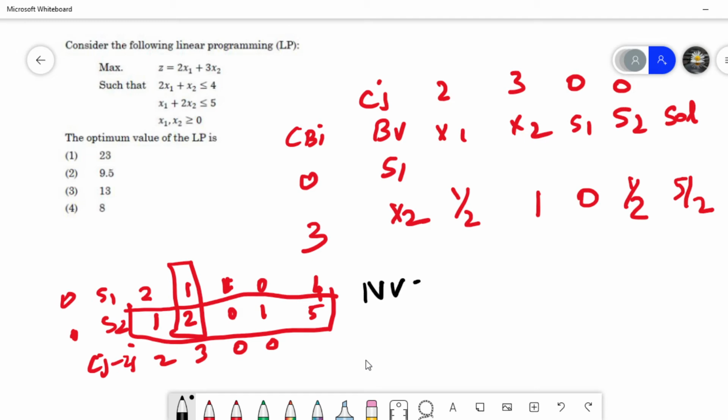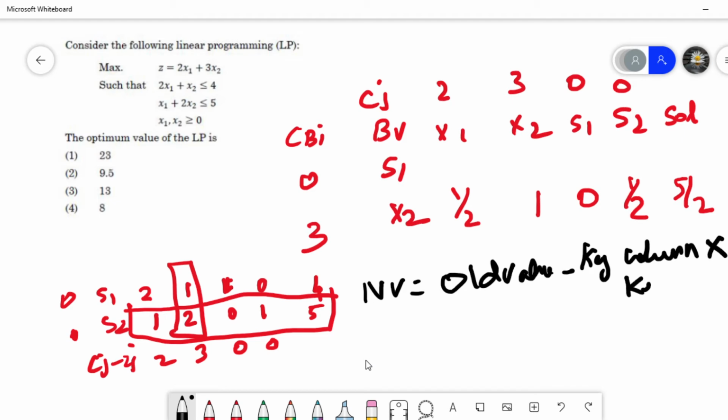New value is equal to old value minus corresponding key column value into corresponding key row value divided by key element. So what is the formula for calculating the new value? Old value minus corresponding key column value into corresponding key row value divided by key element.